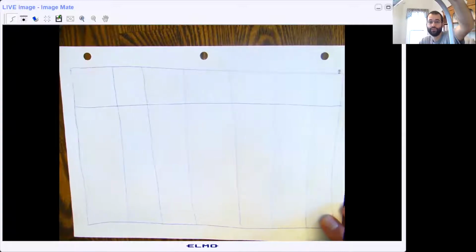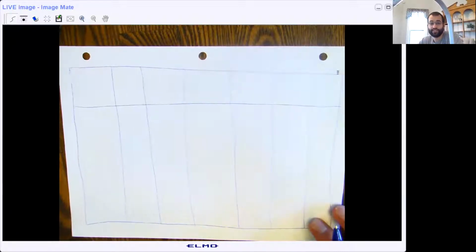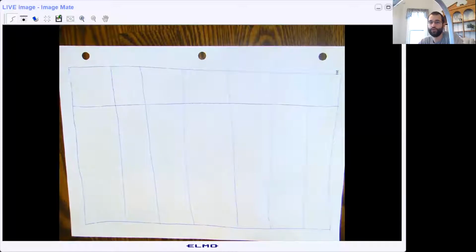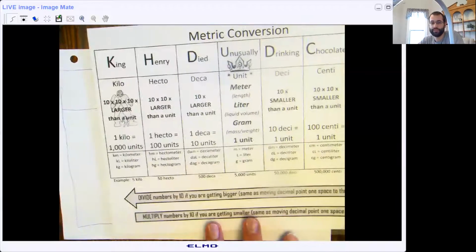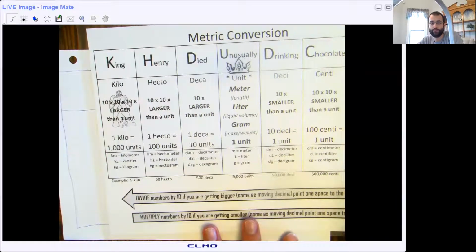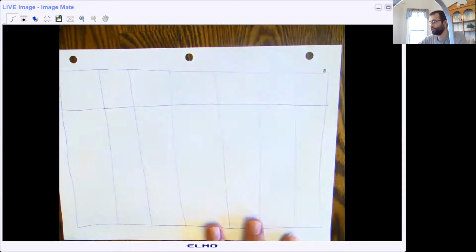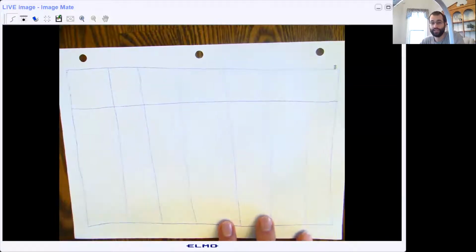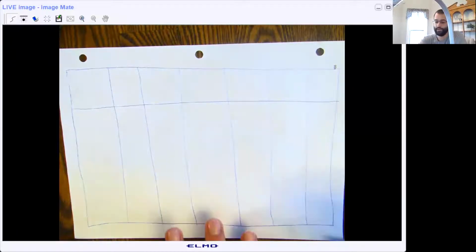You're going to have this exact chart on your Google Classroom as well, and your teacher's going to pull that up. But we're going to recreate something that looks like this here today. So our metric conversion chart. I'm going to keep going with it.